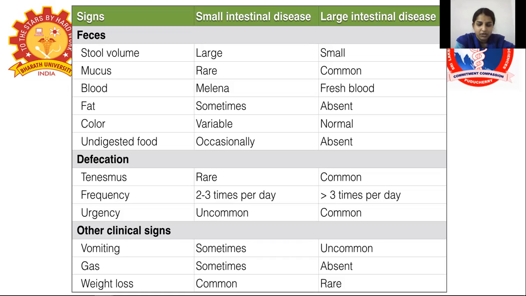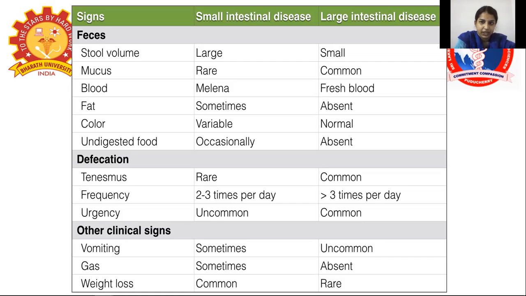The color of loose stools is variable. In the small intestine it can be yellowish, or even greenish in certain parasitic cases, or it can be rice watery, as in cholera. Undigested food is occasionally present in small intestine diarrhea, and undigested food usually doesn't reach the large intestine, so it is absent there.